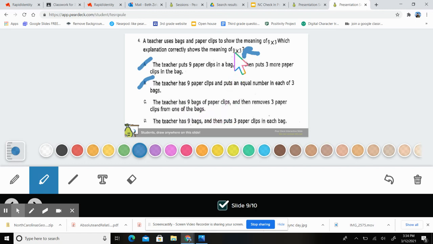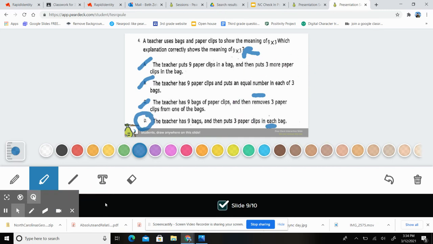That matches this right here, 9 bags of paper clips, and then removes 3 paper clips. Removes means subtract. I know we're multiplying, so I'm going to get rid of that one. The teacher has 9 bags, 9 groups, and then puts 3 paper clips in each bag. 3 paper clips in each bag. So we had selected D for that one.